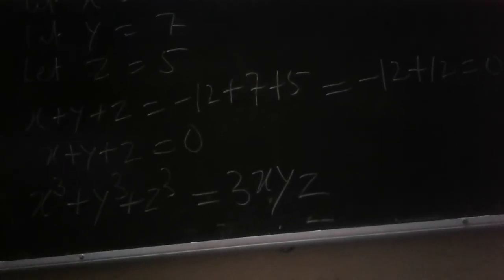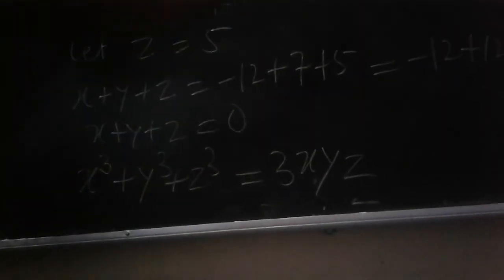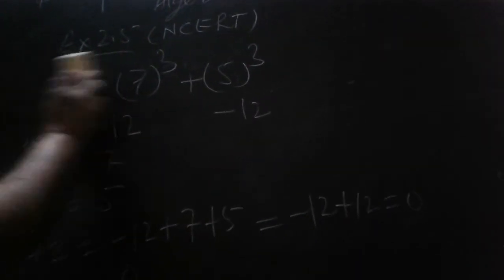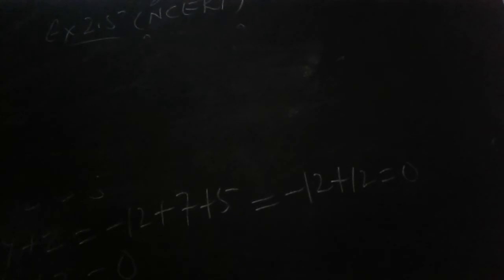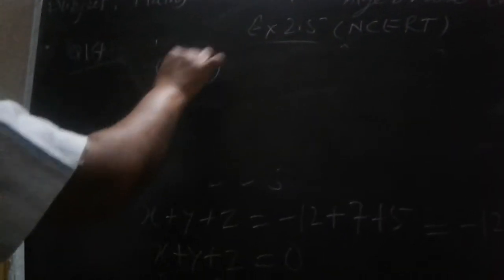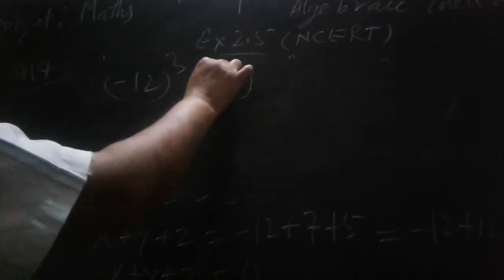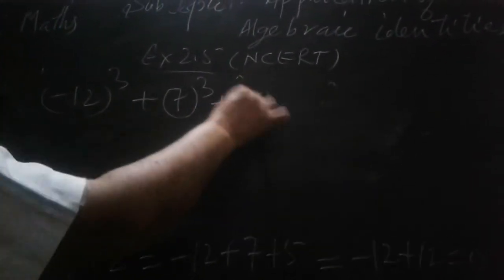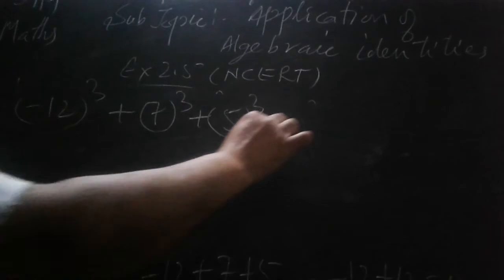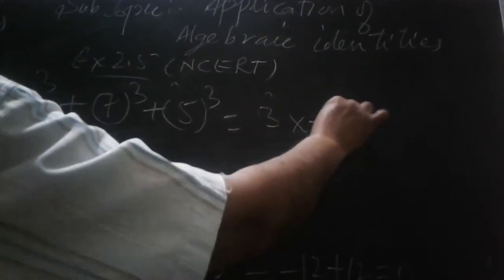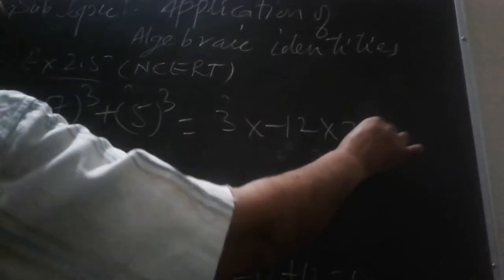Now we put the values of x, y and z. Minus 12 cube plus 7 cube plus 5 cube equals 3 into minus 12 into 7 into 5.